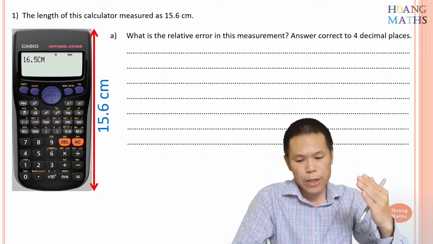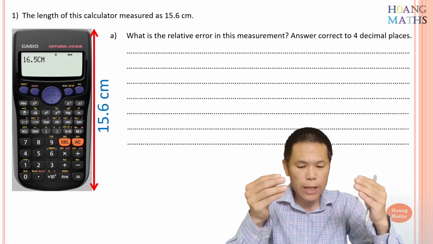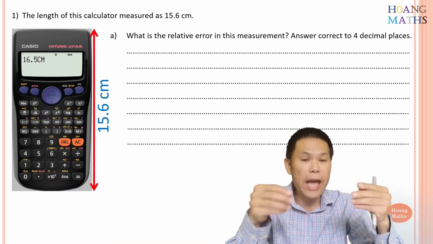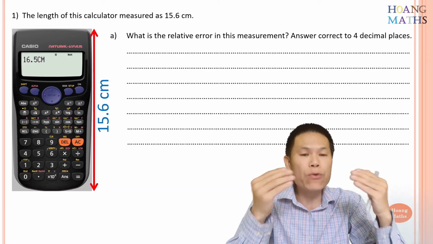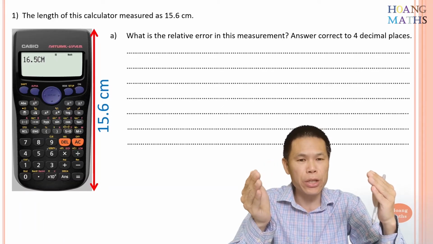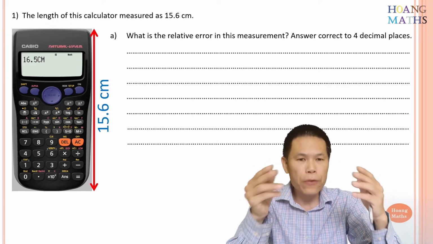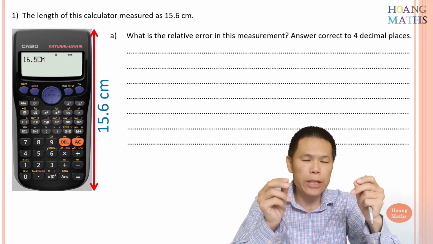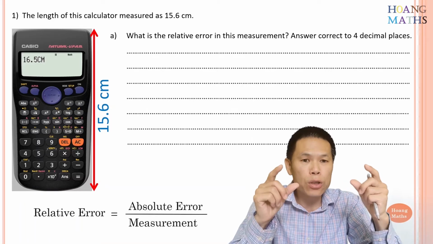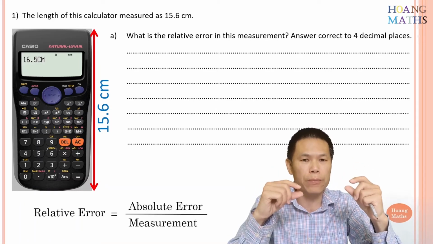So for the first one, let's say the calculator here is measured as 15.6 centimeters. What is the relative error in this measurement? Remember, the relative error is equal to the absolute error over the measurement.